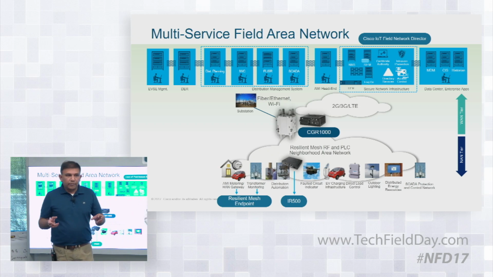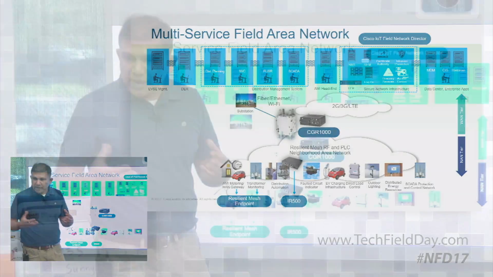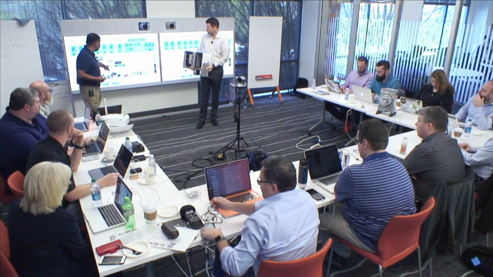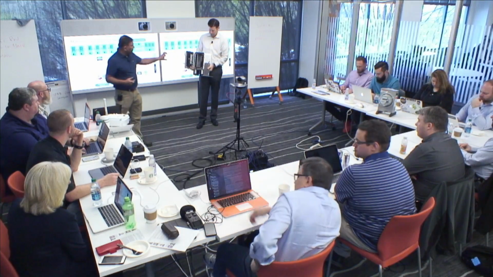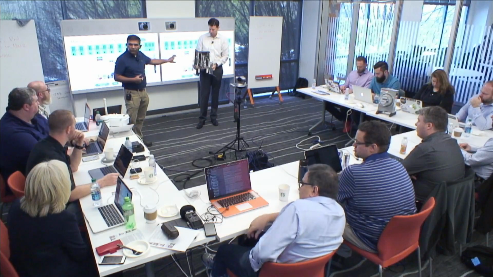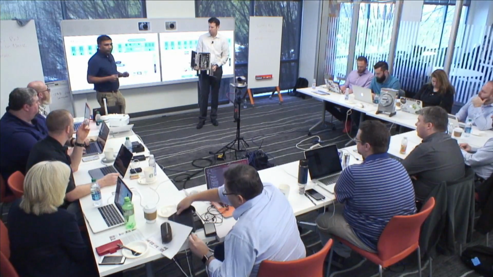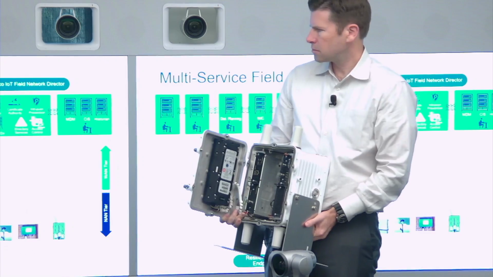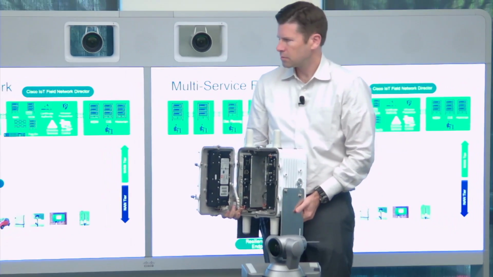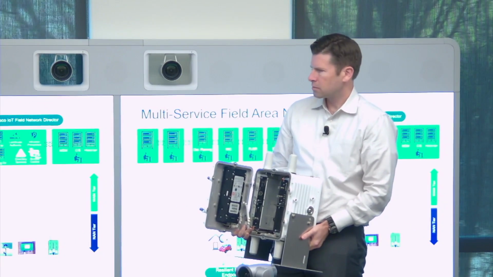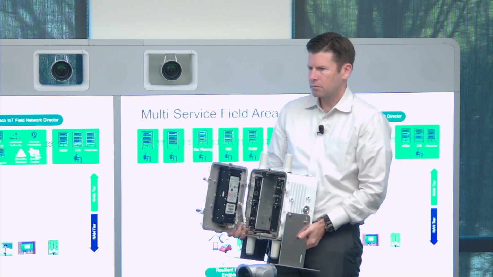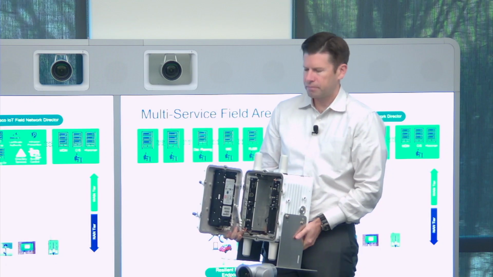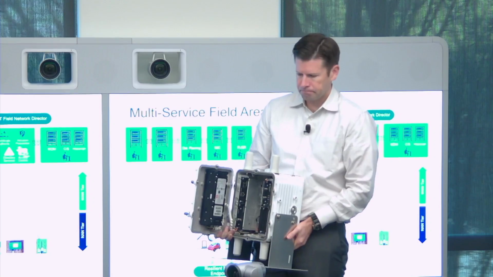So when you have mesh radio, obviously the CGR takes one of the WPAN modules, which goes into one of the slots. But then you have a choice of WAN technologies available: 3G, LTE, WiMAX. It has built-in Wi-Fi. So that's literally an IOS router. I can SSH into that router, and I can manage that with Ansible or whatever other mechanism I want.